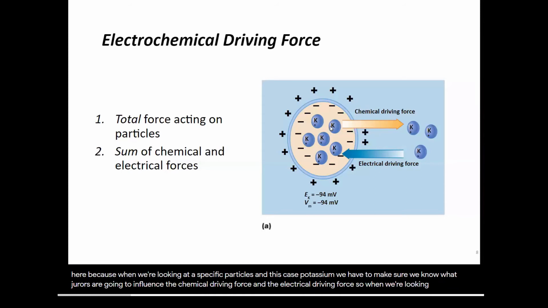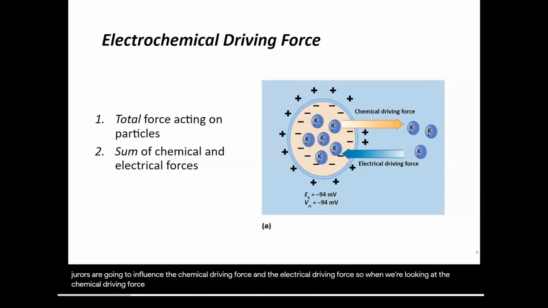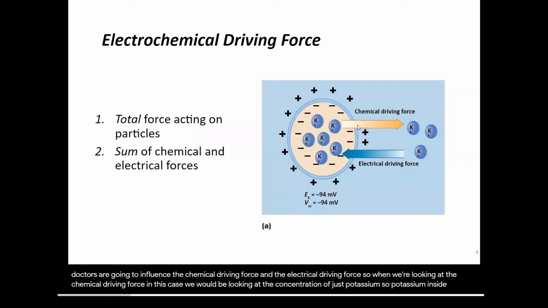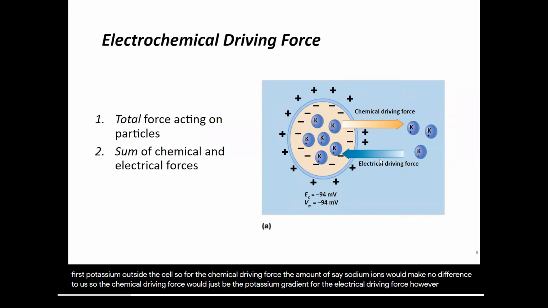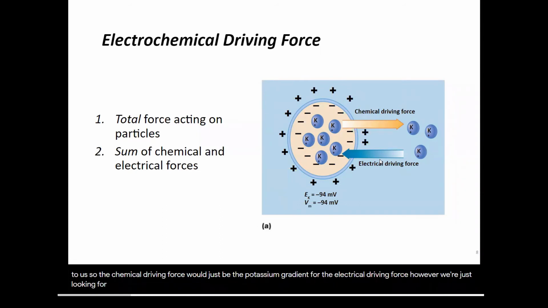When we're looking at the chemical driving force, in this case, we would be looking at the concentration of just potassium: potassium inside the cell versus potassium outside the cell. For the chemical driving force, the amount of, say, sodium ions would make no difference to us. The chemical driving force would just be the potassium gradient. For the electrical driving force, however, we're just looking for the charge.